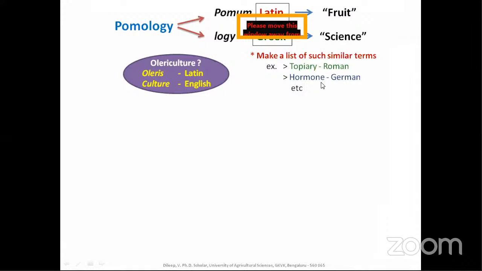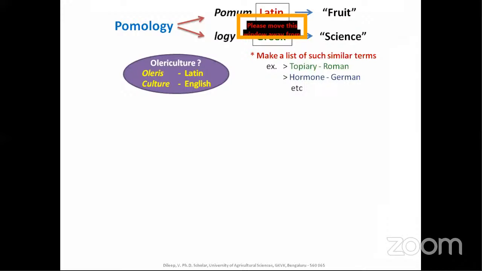Irrespective of the fields, when you get similar types, the grouping is very essential. When you make a list of those things, you will easily remember them. At once you will get everything, and it will be easy for memorizing also. Again, I should go to the fruit science section, again to the vegetable section, and the floriculture section.